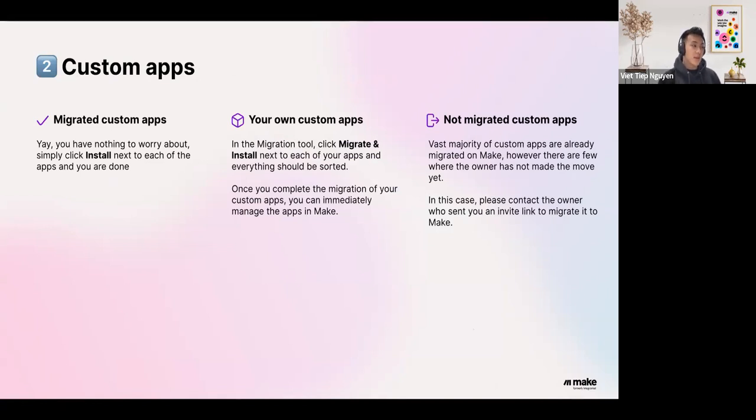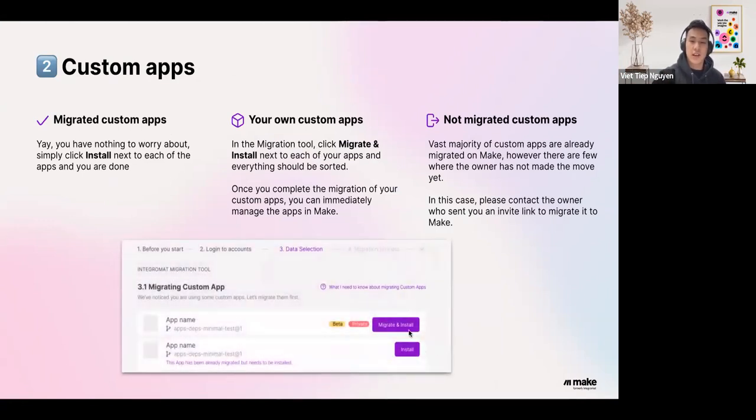So some of the custom apps the owners have already migrated to Make. That's awesome. We encourage them in the beginning to migrate those, and they're on Make, and your life is okay. Then if you yourself are a developer of your custom app, then over there, you'll just click migrate and install, and it will done all the work for you.